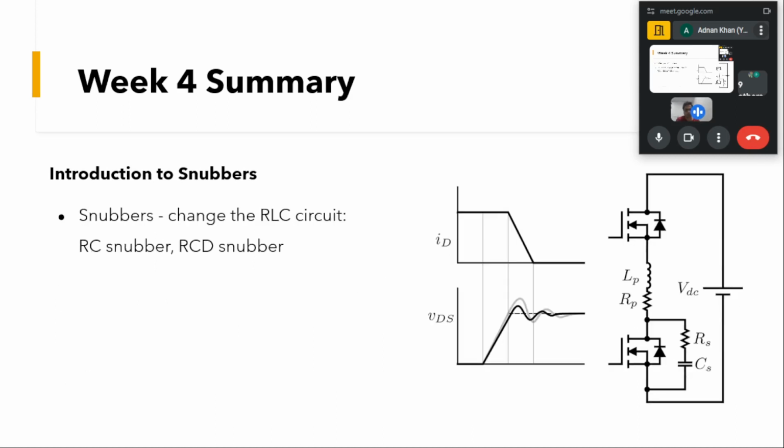So during the turn off, we can see to what voltage this spike can go, then we can limit it.